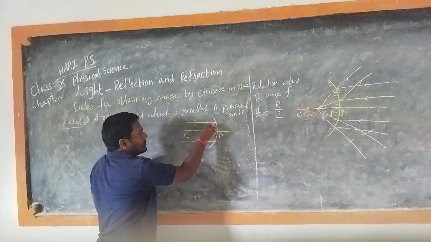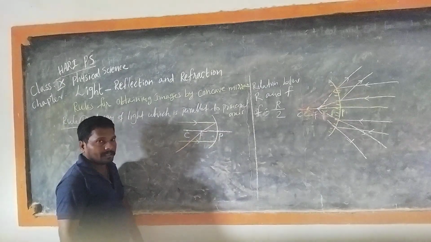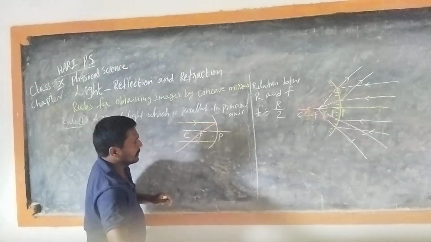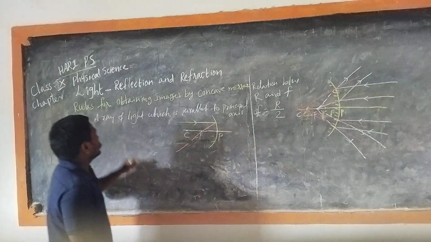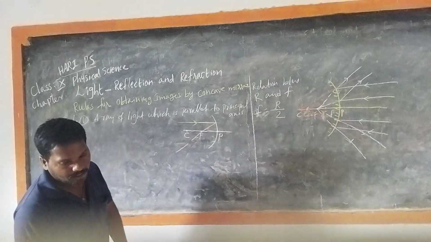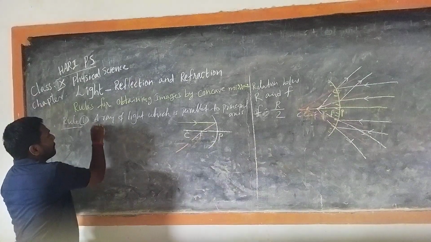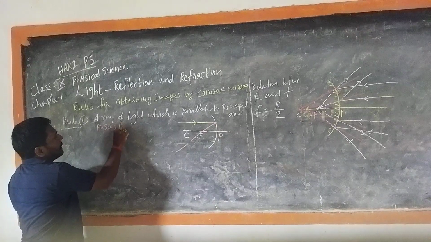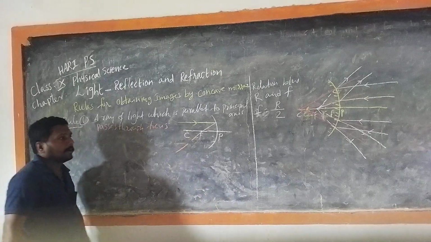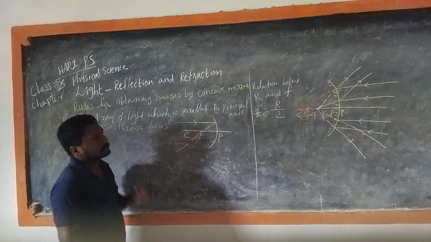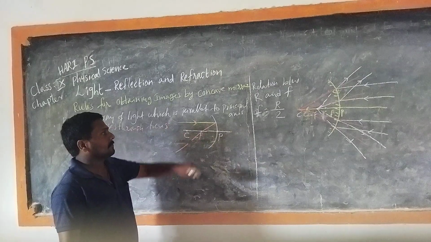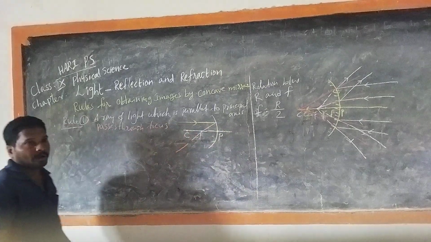The light ray passes through the focus. One ray is enough. So a ray of light which is parallel to the principal axis of a concave mirror passes through the focus after reflection.